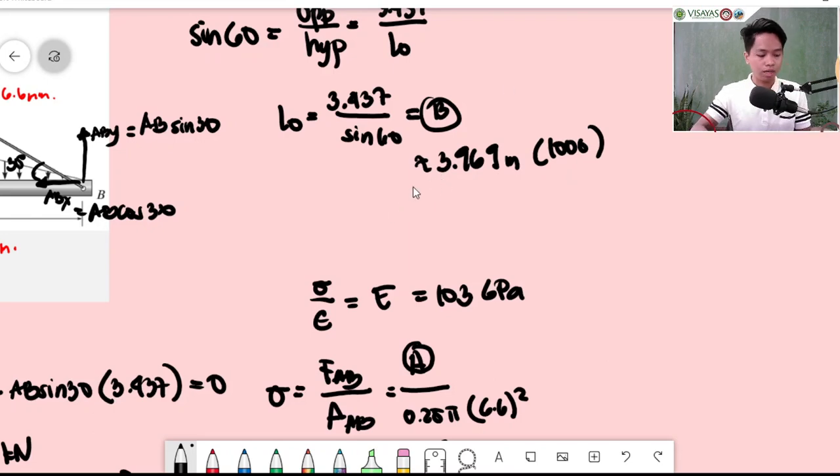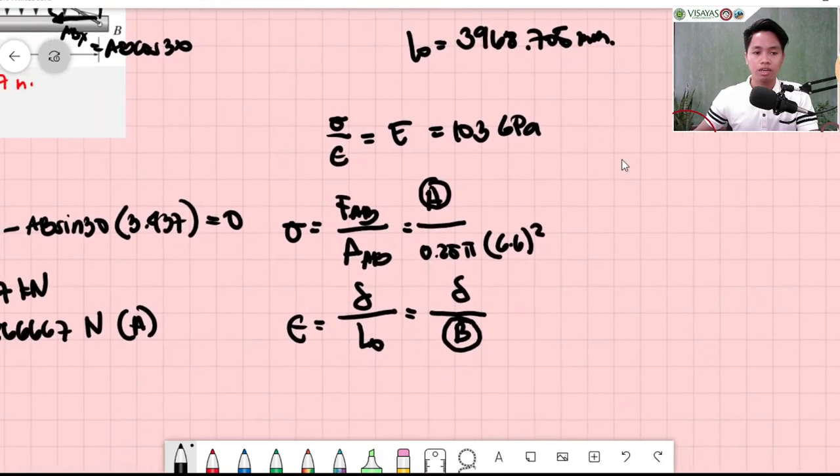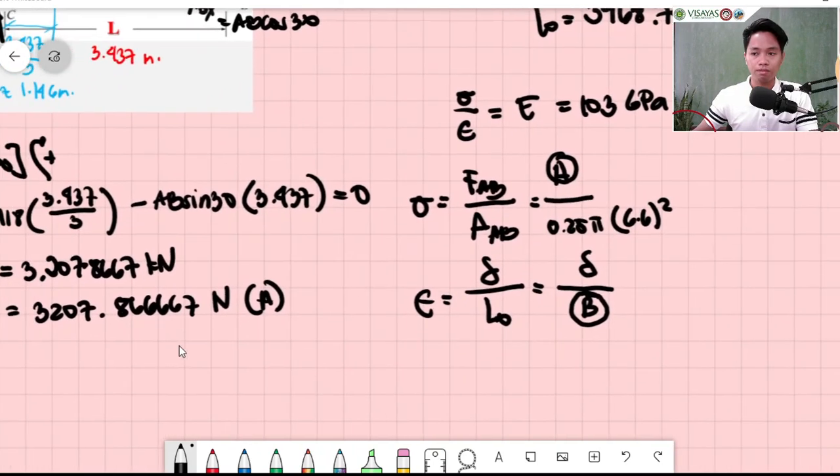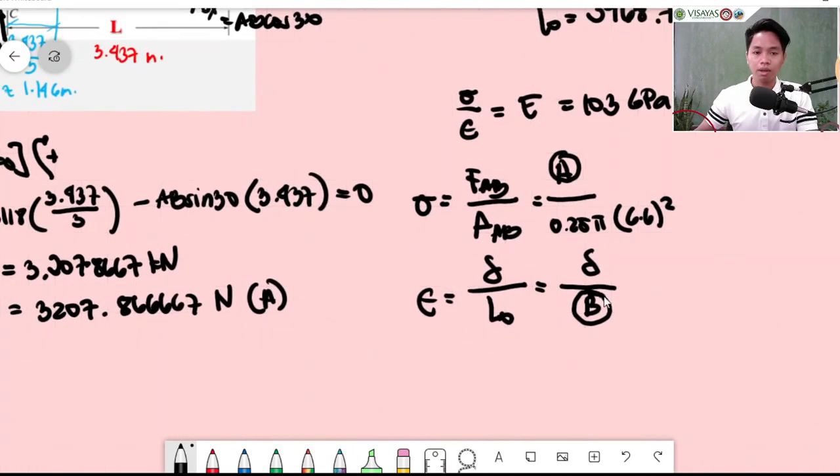So, our L0 would be equal to 3968.705 mm. I also convert the force to Newton, so that the result of stress over strain would be in megapascal.